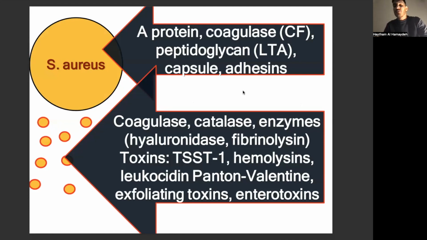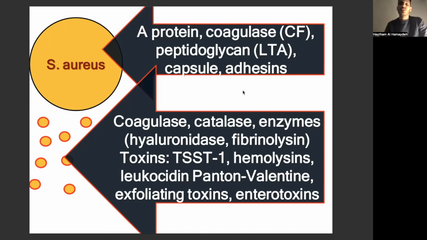Let's start with Staphylococcus aureus. In this slide, the professor categorized the things that lie on the bacterium or are released by it. These all have to be memorized for every bacterium, whether released or stuck on, so that you know exactly how the bacterium functions. First, for Staphylococcus aureus, the things attached to its membrane that help it cause its effect: protein A prevents the bacterium from being caught or identified by the white blood cells, hence it prevents phagocytosis.